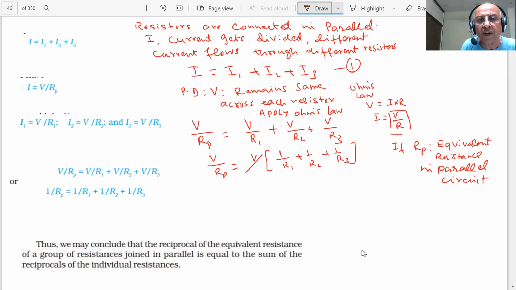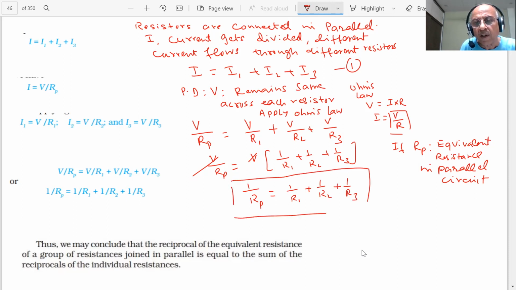V and V cancel. If I cancel the two, what am I getting? 1 by RP is equal to 1 by R1 plus 1 by R2 plus 1 by R3.